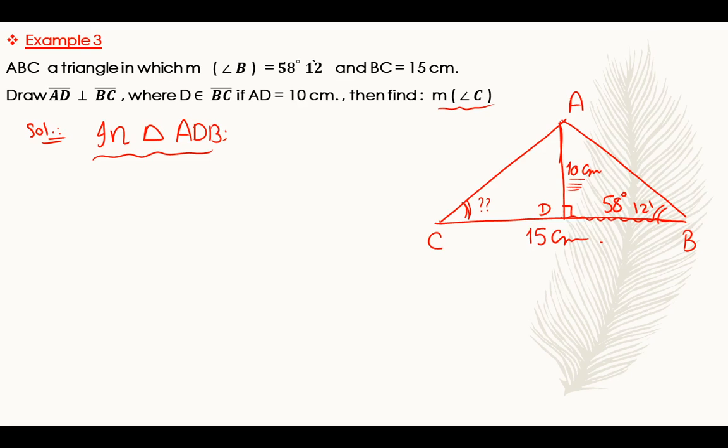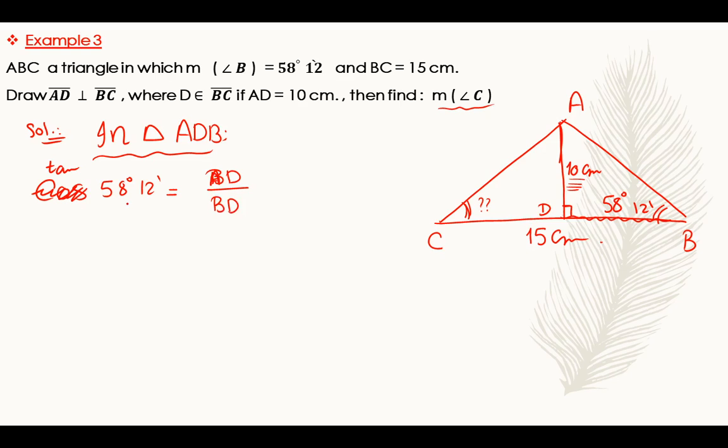For the angle 58 degrees and 12 minutes, we will use tan. Tan 58 degrees and 12 minutes will be equal to the opposite, which is AD, over the adjacent, which is BD.